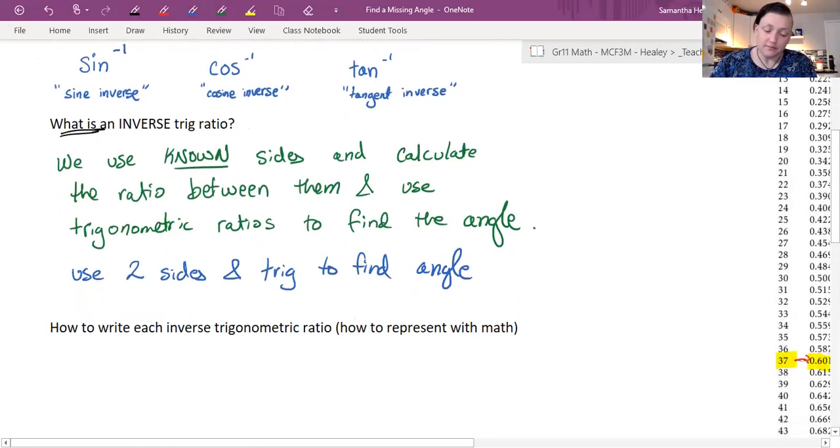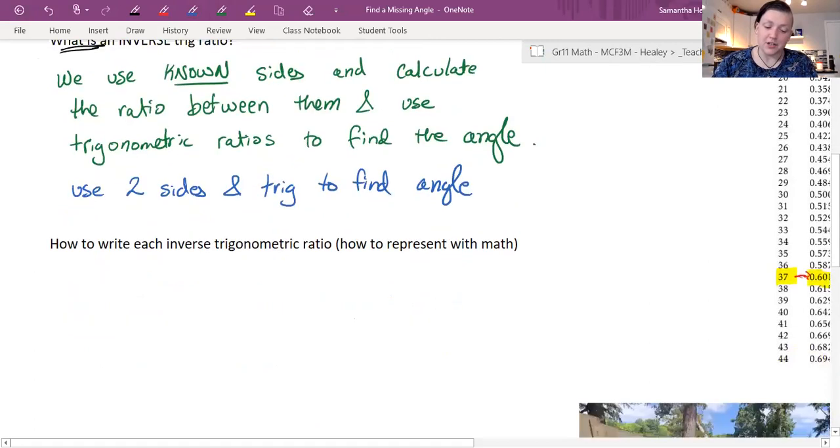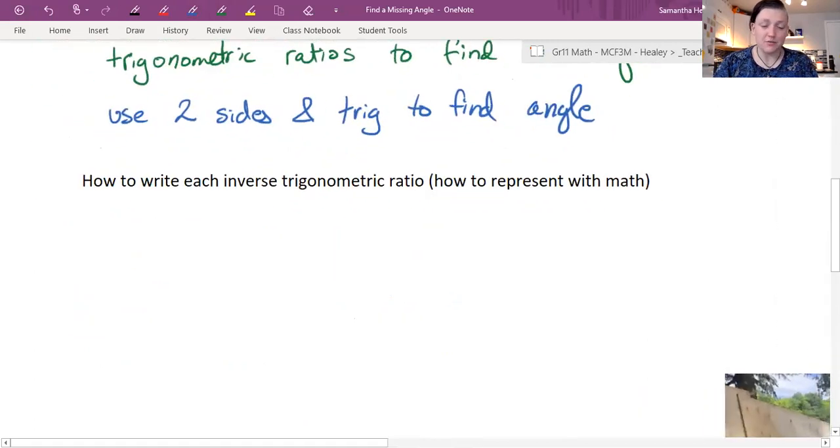So if you're kind of lost right now, you can hang on, that's okay. So how to write each inverse trigonometric ratio. We write it a little bit differently. Normally you've seen the sine of an angle is the ratio between that opposite and that hypotenuse.